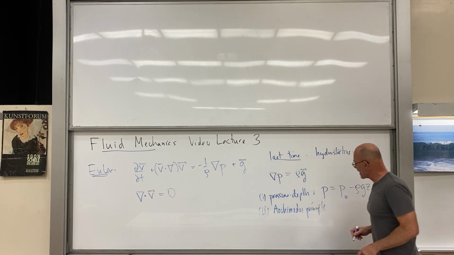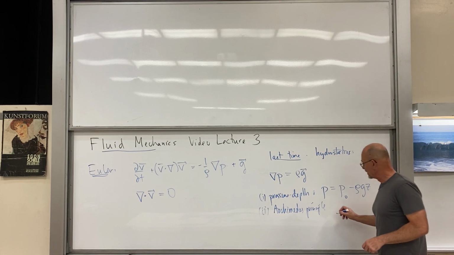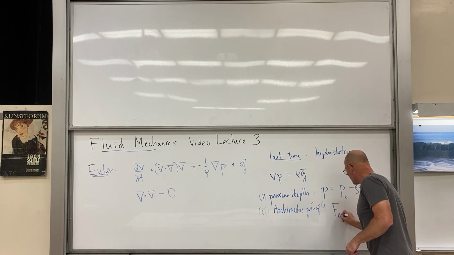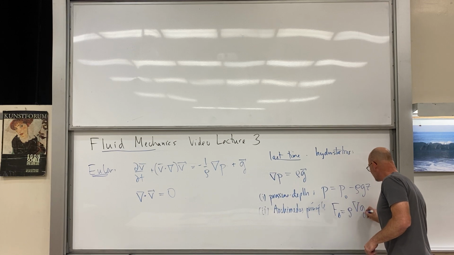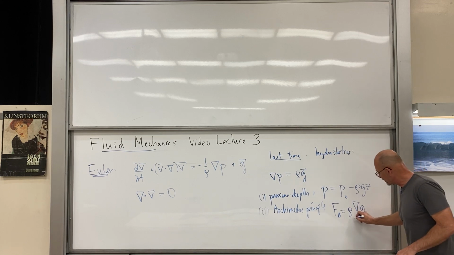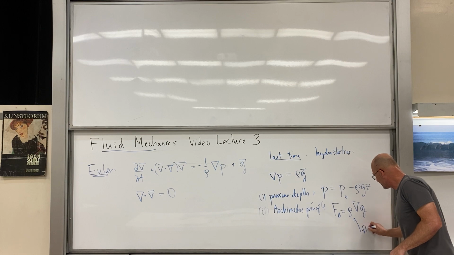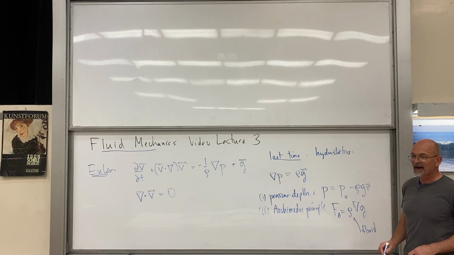And a couple of applications, but the buoyancy force is equal to the weight of the displaced fluid. So the density there is the fluid density that you're in. So we did a couple examples of that.